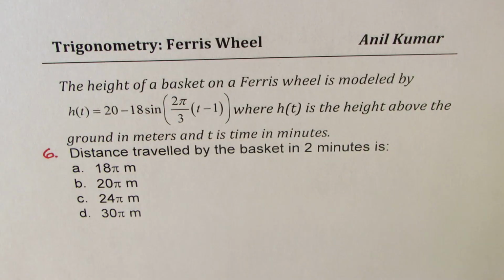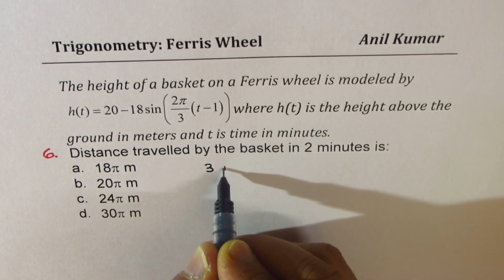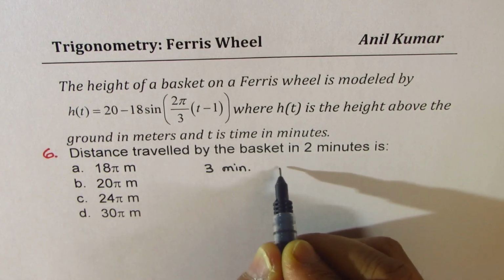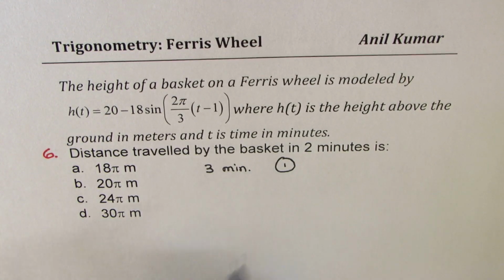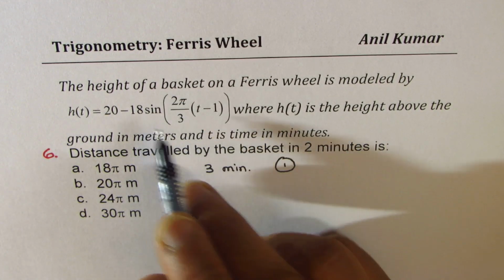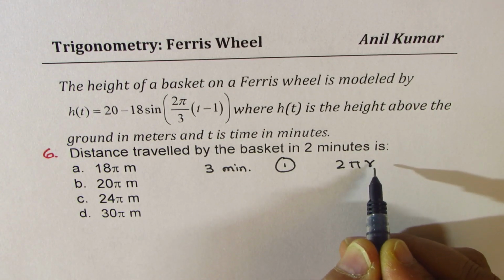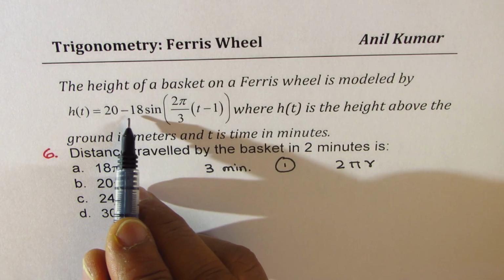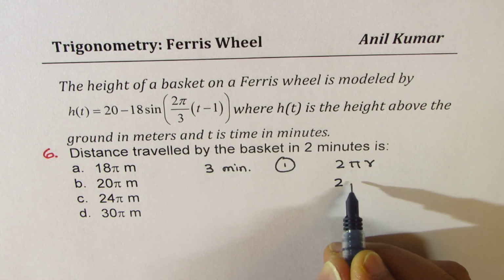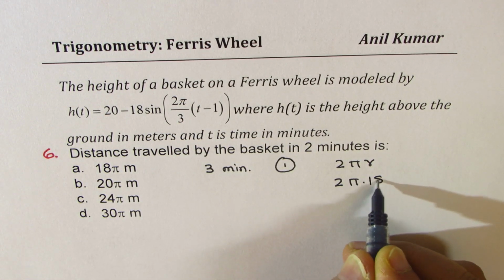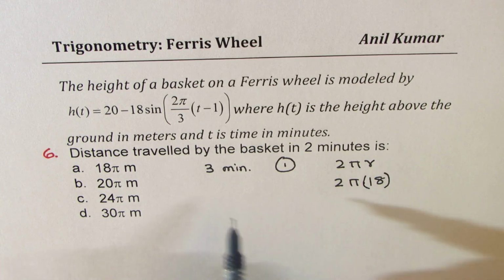Question number 6. Distance traveled by the basket in 2 minutes. Now we know in 3 minutes, there is one full circle, which is 2 pi r, right? With r being the amplitude 18, so it is 2 pi times 18. That is the distance covered in 3 minutes.